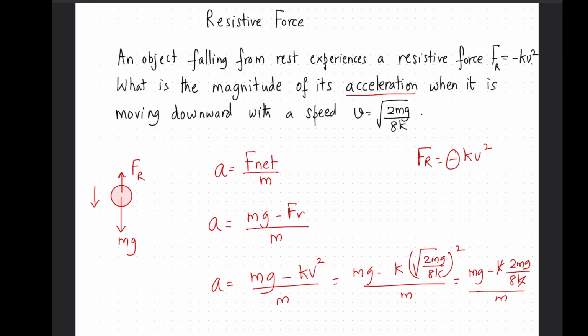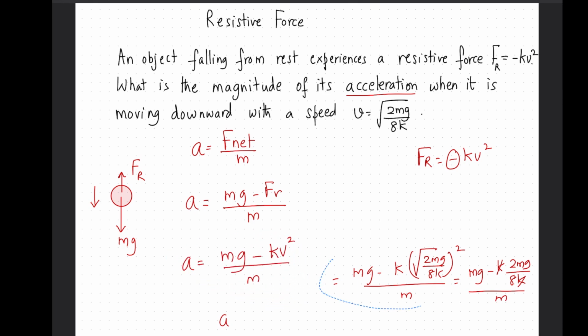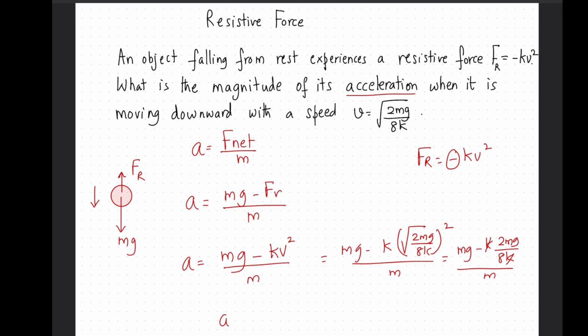So we are going to get a equal, let's just make some space here. Okay, a equal mg minus 2 over 8, which is going to be 0.25 mg, over m.